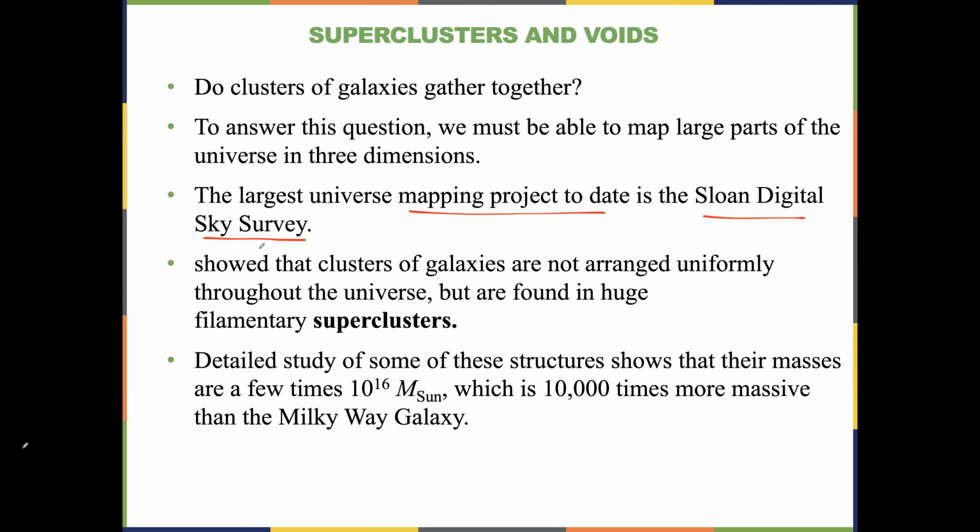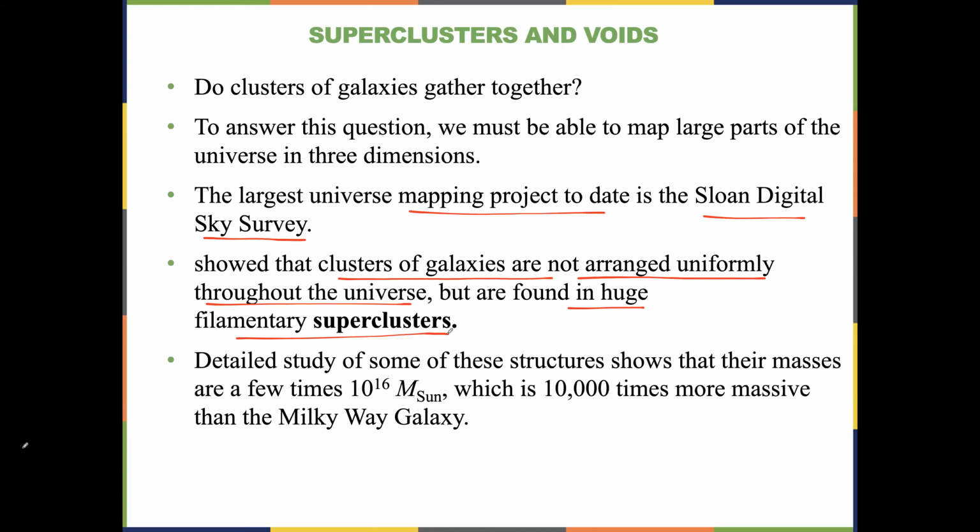Now, interestingly, what we can observe is that clusters of galaxies are not arranged uniformly throughout the universe. Instead, you can see huge filamentary superclusters. So they are not randomly distributed everywhere.